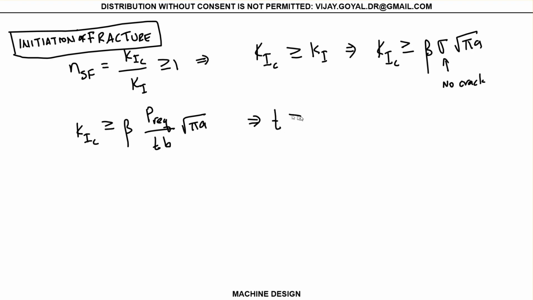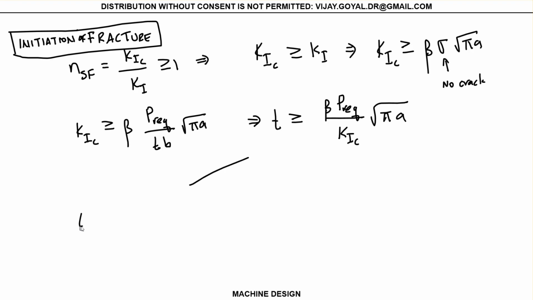So your T has to be bigger or equal than beta P required divided by the fracture toughness for mode 1, and I take the square root of A. So let's do both cases.